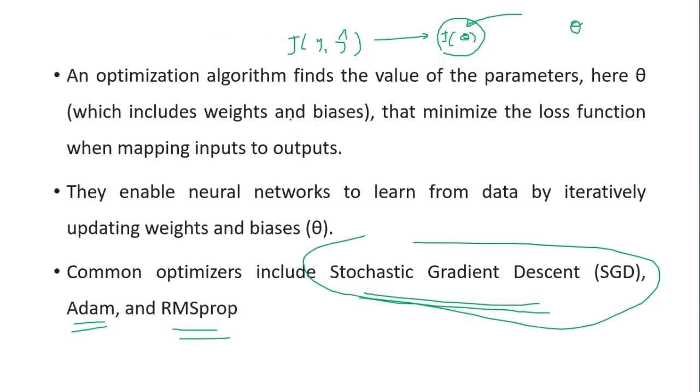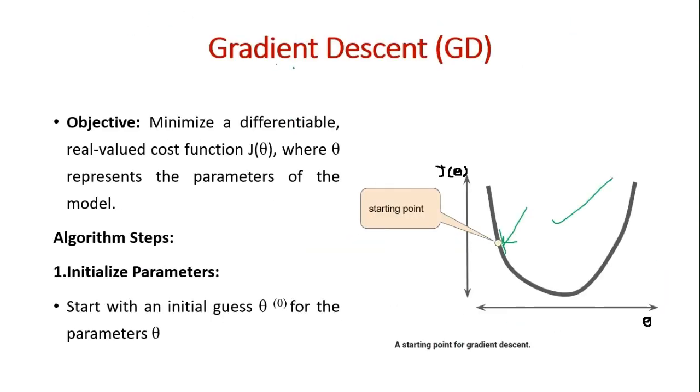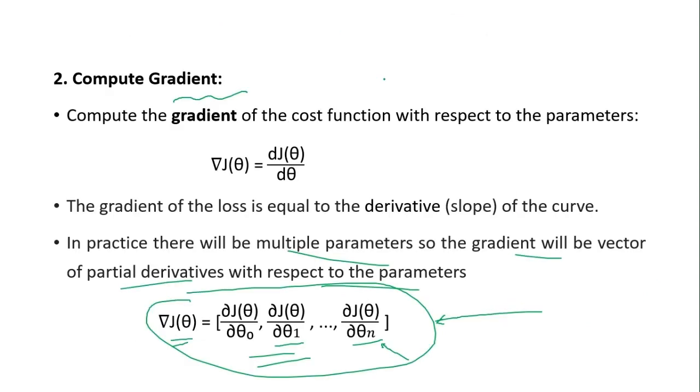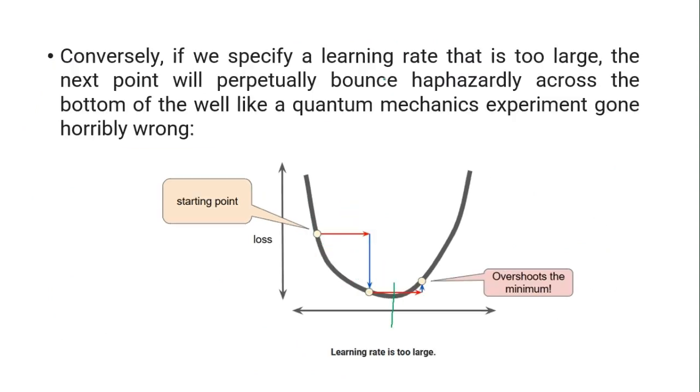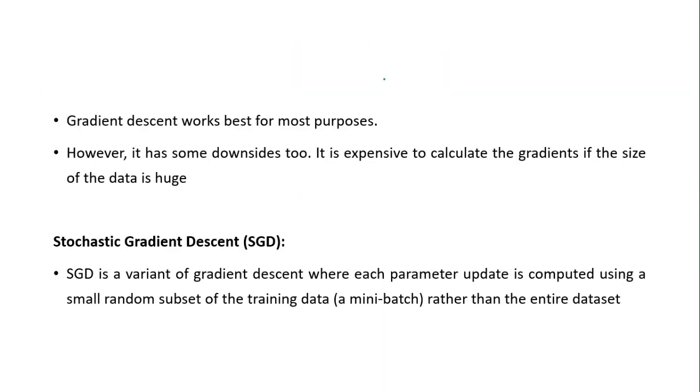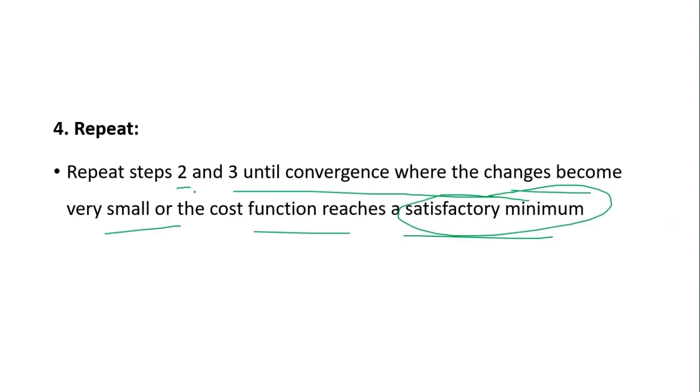Anyway, we are not going to use this gradient descent because it has some disadvantages. The main problem is it is expensive to calculate the gradient if the size of the data is huge. Now, as I told you, we have to repeat these steps.